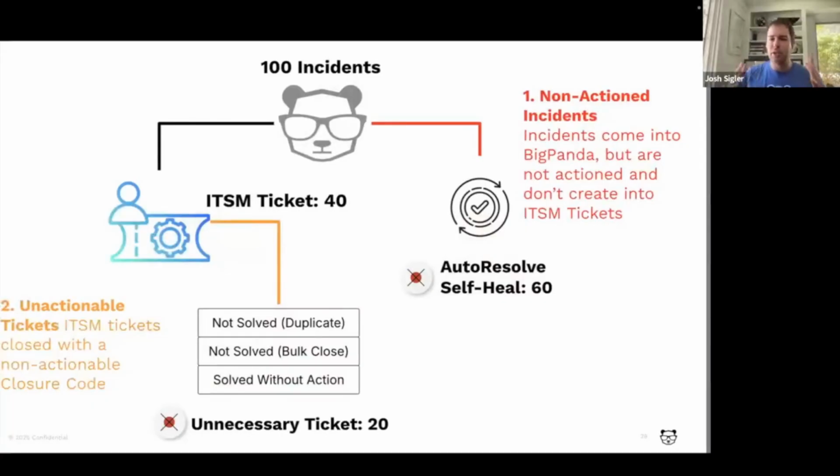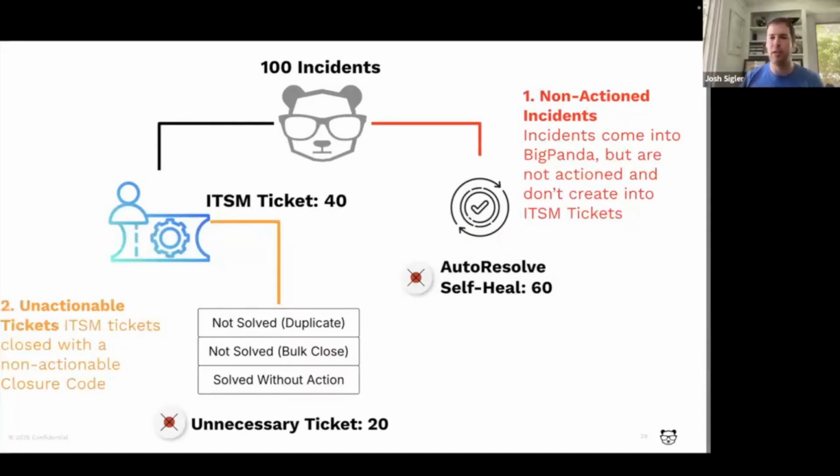Now, I mentioned the conversion percentages of success, but I actually want to look at the inverse on these two, because I think that's important. That's where we actually use actionability to drive action and drive improvement. The first thing, on the top right in red, is the non-action incidents. What is hitting the BigPanda console that no one is ever looking at, and that closes out?